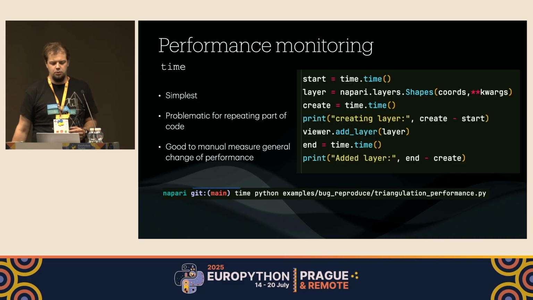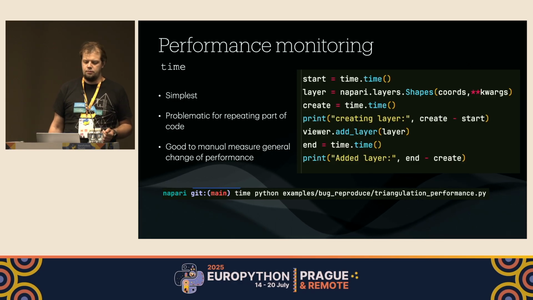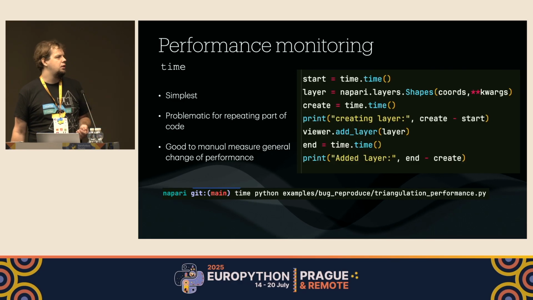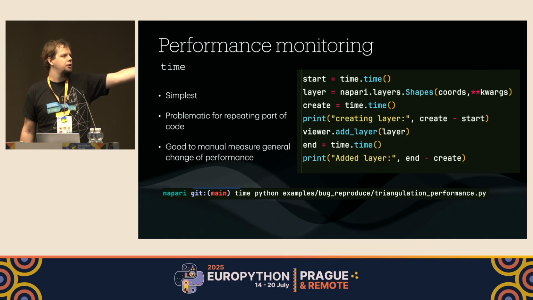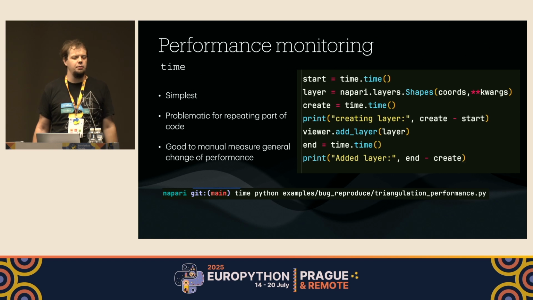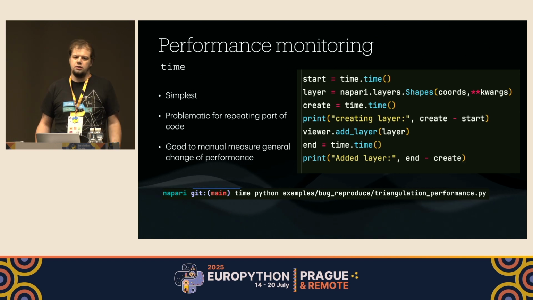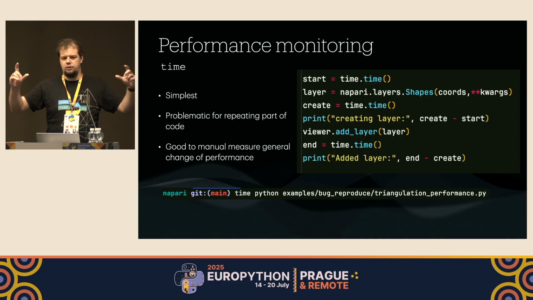Okay, so here is the simplest example of time. You see we start the timer, put in the next things, measure the time, and we could print information about how long it takes. So yes, it only allows checking a big part of the code.